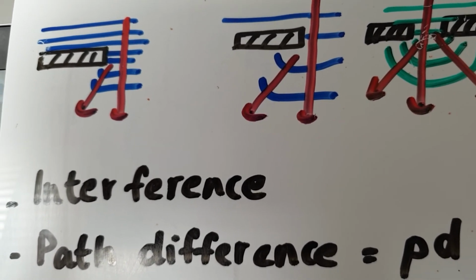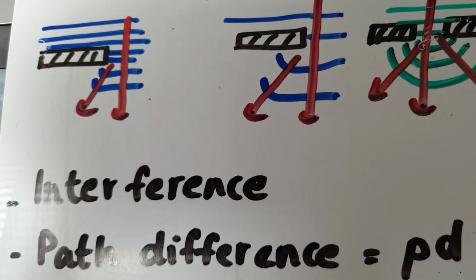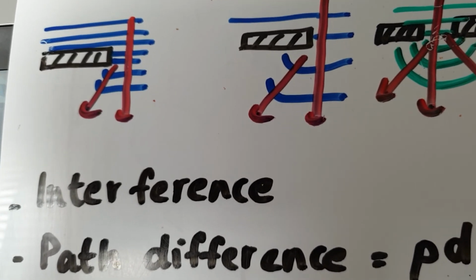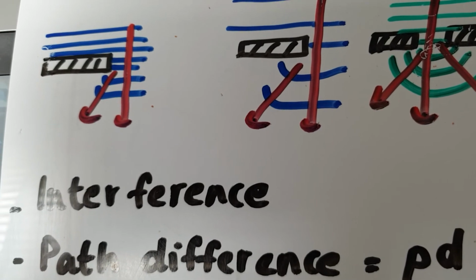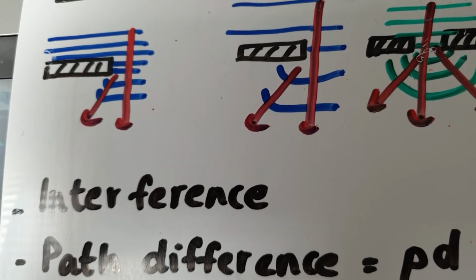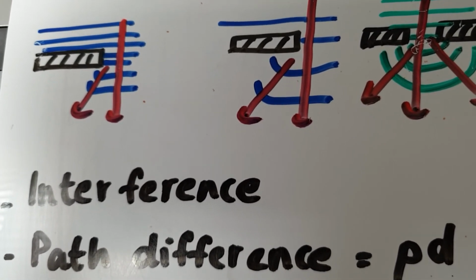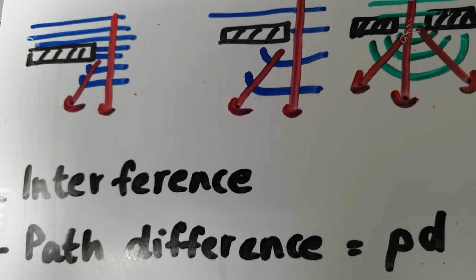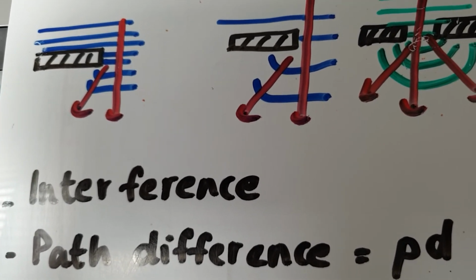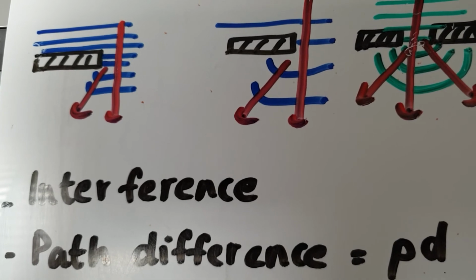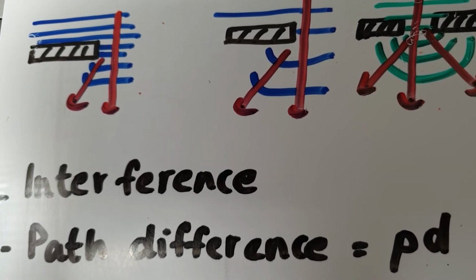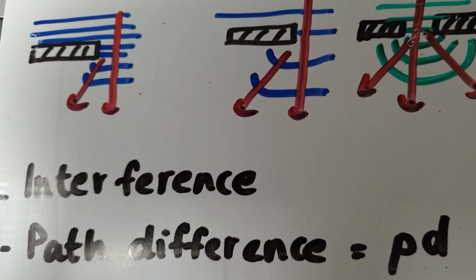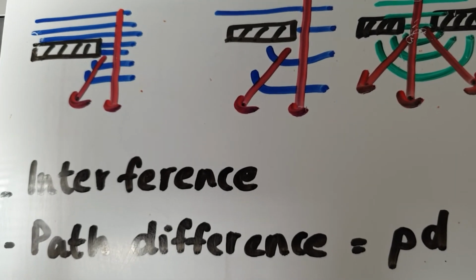Okay, and if the waves have got the same speed and the same wavelength and the same frequency, then this interference will produce what we call interference patterns. These interference patterns depend on how the waves combine to form the resultant wave.